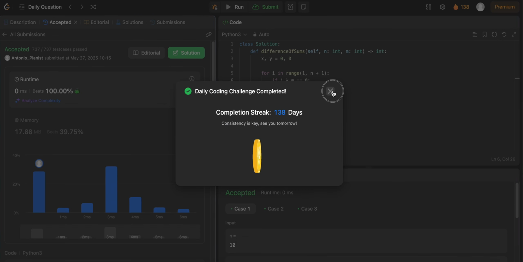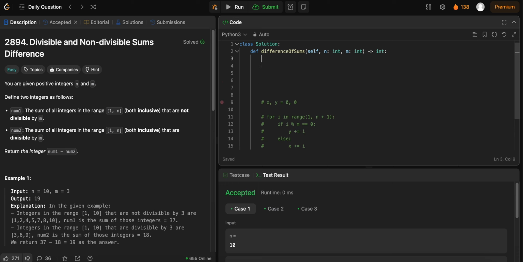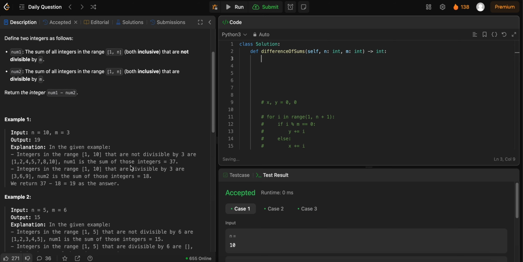Yeah, there we go. We have time, so I can talk about the O(1) solution as well. So let's comment that out. For the O(1) solution, we need to know something called the arithmetic series.